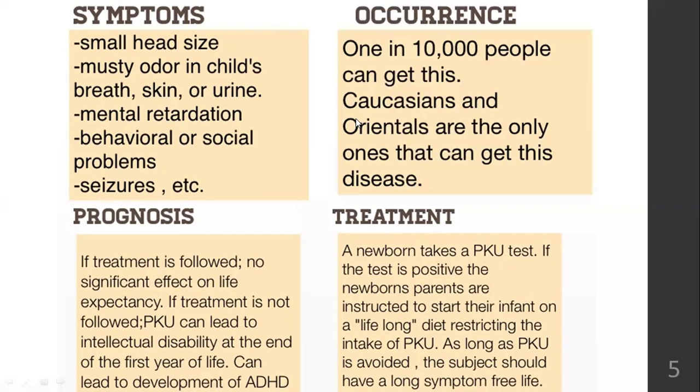So completely avoid a phenylalanine-based diet. This specific amino acid, in whichever protein-based food it's present, that food source has to be avoided. And as long as the child is following this PKU-free diet, there should not be any symptoms. The child can have a long, symptom-free life.